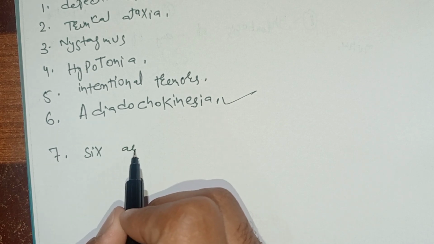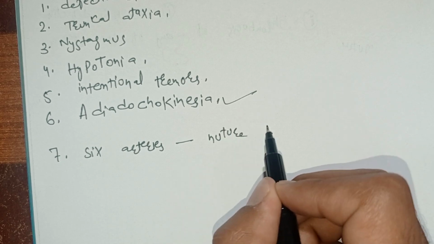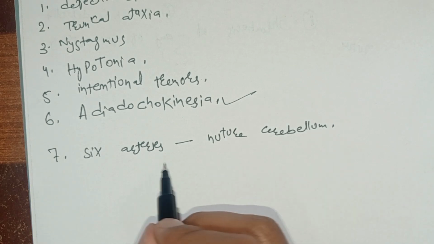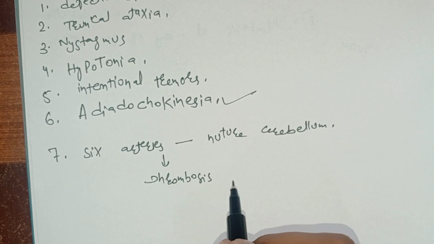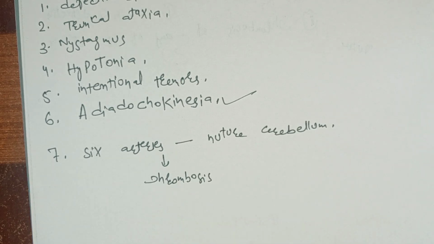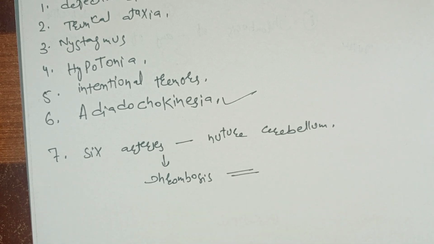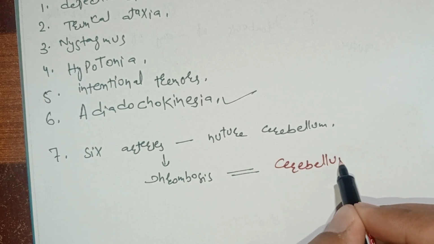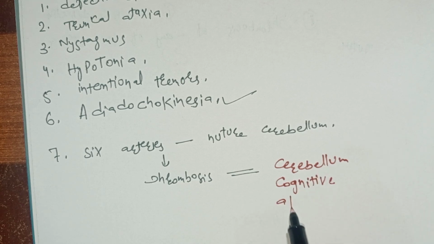Number seventh point, there are six arteries that supply blood to the cerebellum. If there is a thrombosis to any of these six arteries, it will result in cerebellar cognitive affective syndrome.